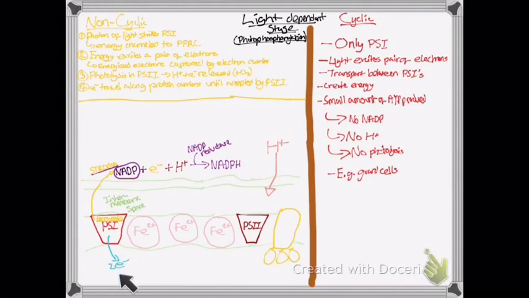So these two electrons then are taken up by this protein carrier. So once again, it's an ion, Fe2+. It's a protein with an ion in the center. So these electrons are taken up by Fe2+.